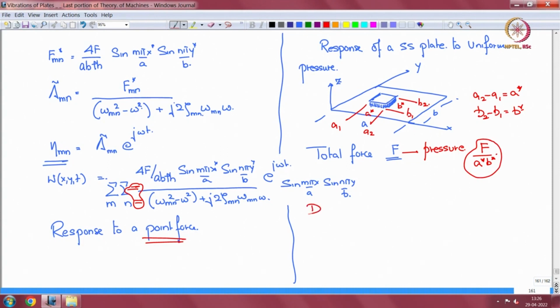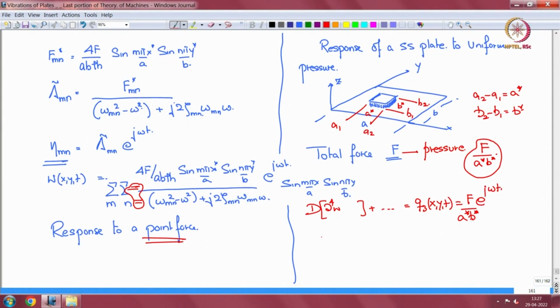So if I have the plate equation, D del 4 W etc. plus the mass term is equal to Q3 of x, y, t. So we have F over A star B star, units matched, and of course the harmonic part will be there, e to the power j omega t. Now the spatial extent has to be given.